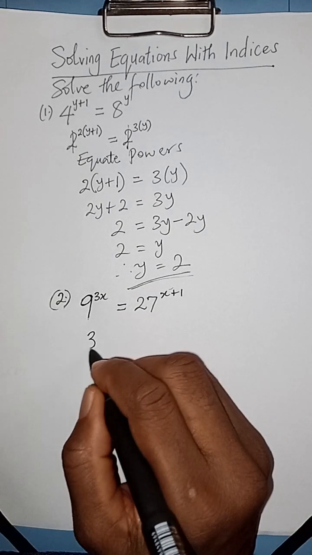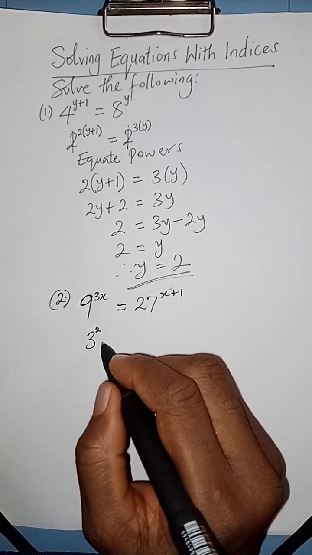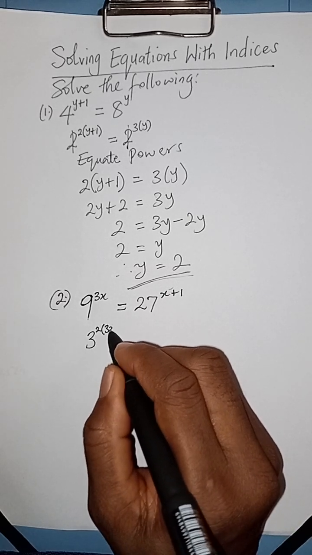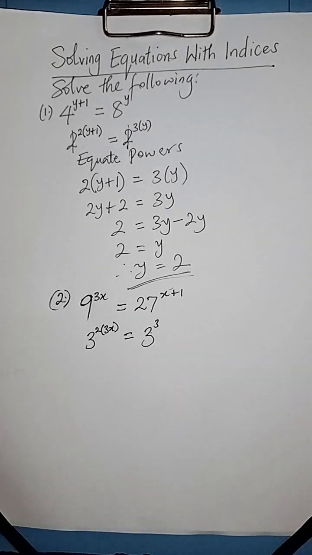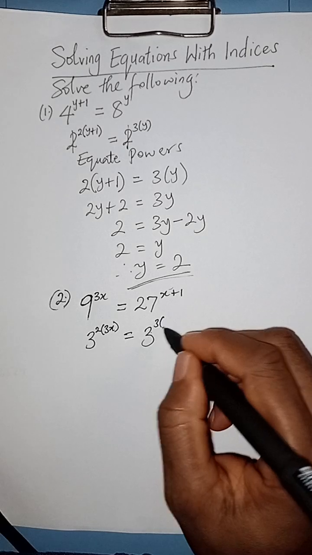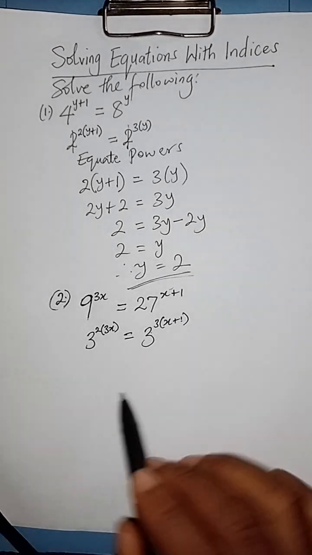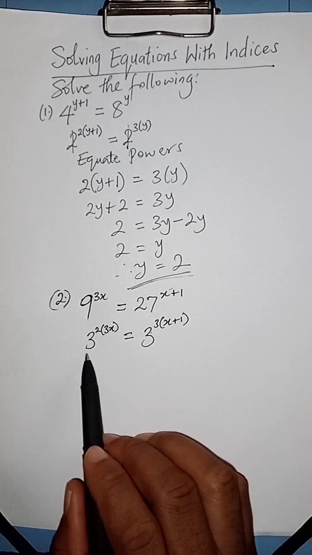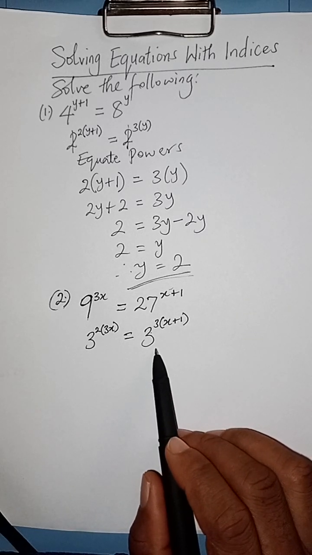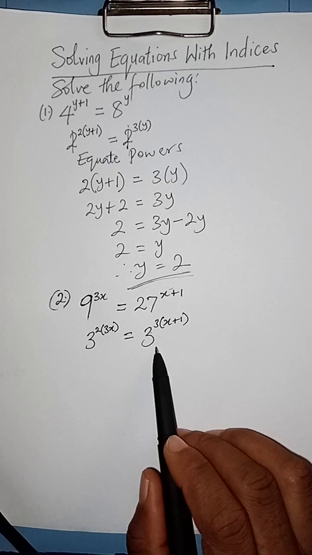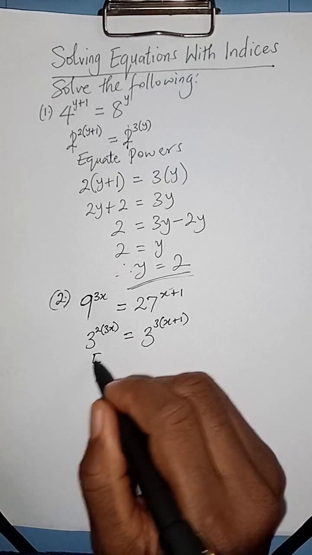Here, 3 raised to power 2 is 9. Open a bracket for 3x. And here, 3 raised to power 3 is 27. And then you open a bracket for x plus 1. So you can see that the bases are the same. The base at your left-hand side is the same as the base at your right-hand side. Once you succeed in doing that, then you equate powers.